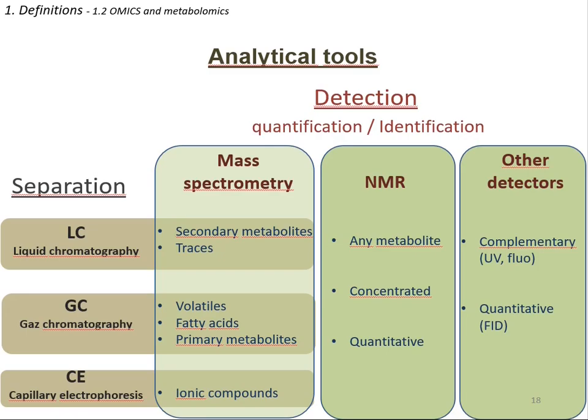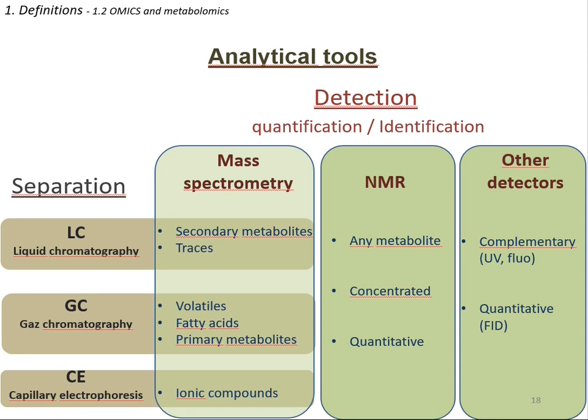Now, what are these analytical tools used to detect and quantify the compounds? Well, usually it's a combination of detection techniques aiming at quantifying and identifying the metabolites, and separation techniques aiming at simplifying a bit the profiles of complex extract.